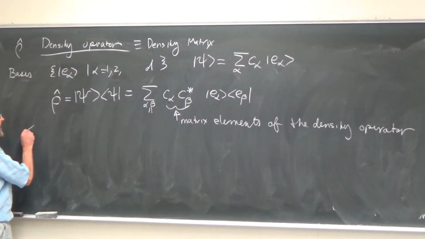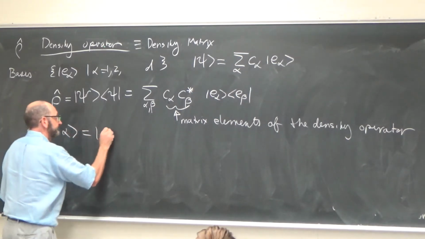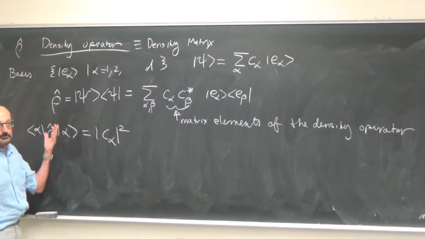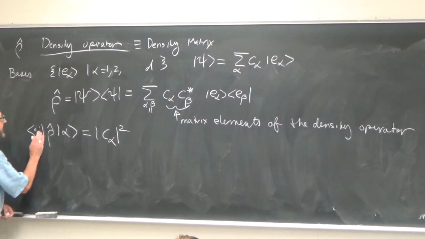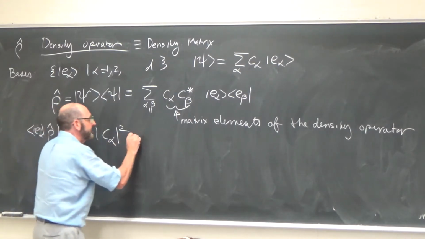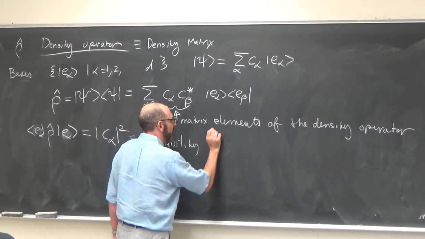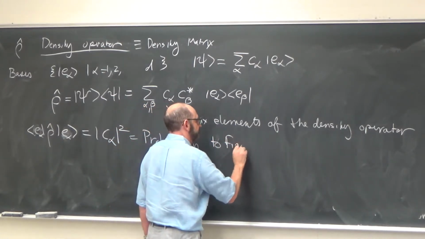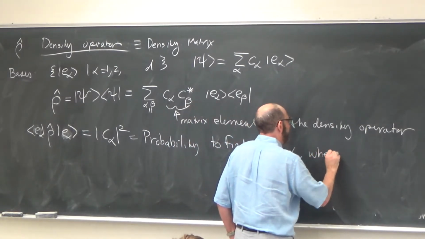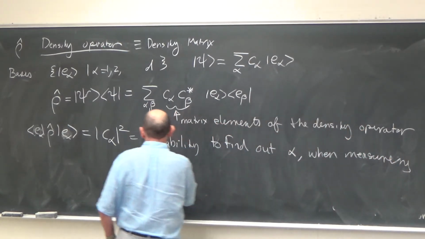The diagonal matrix elements, in this case, with respect to this basis, I guess I should call it E alpha, represents the probability to find outcome alpha when measuring in the basis.